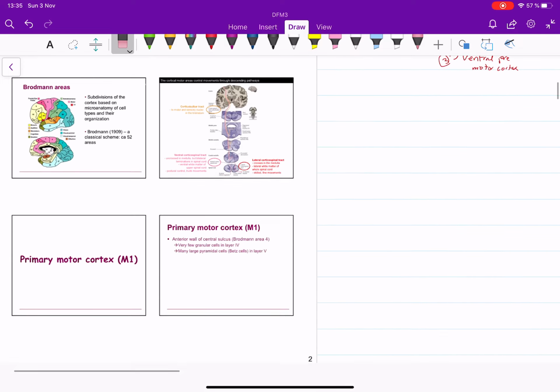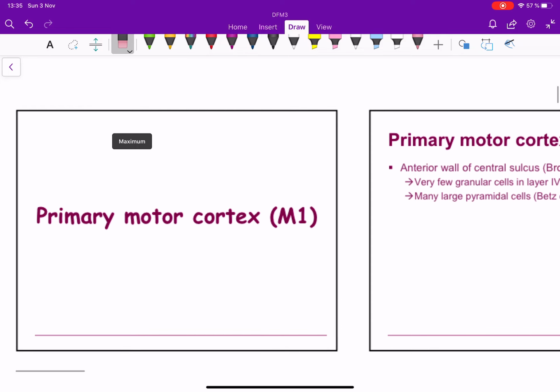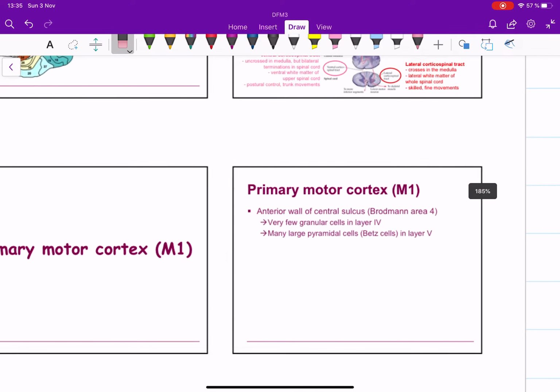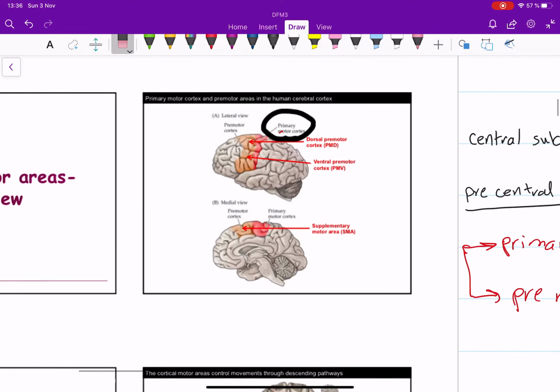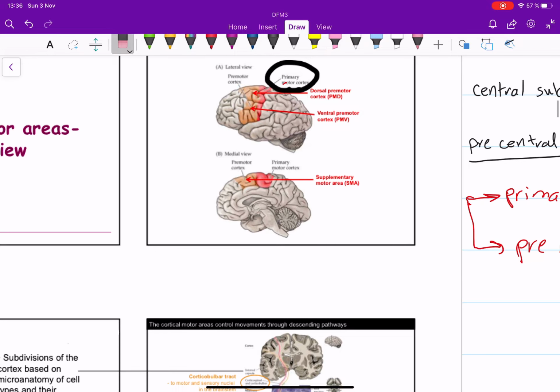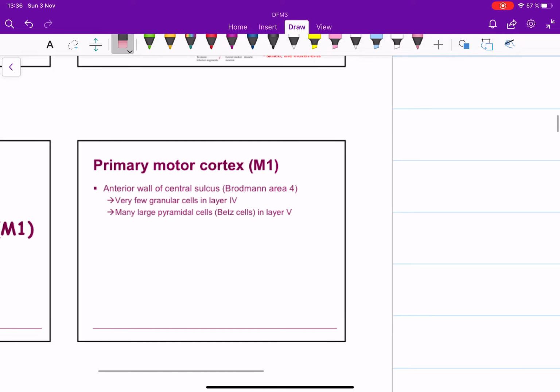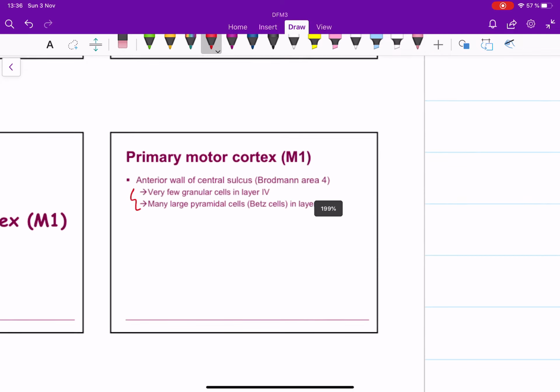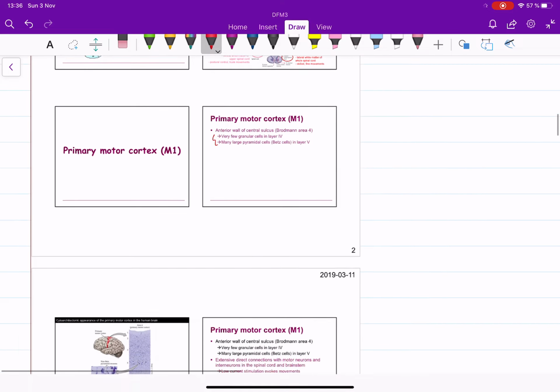Let's begin with the primary motor cortex. We said that the primary motor cortex is located here, the anterior wall of the central sulcus. Here is the histological view: very few granular cells in layer 4 and many large pyramidal cells in layer 5.